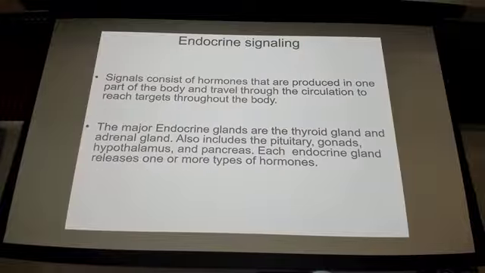Endocrine signaling is achieved by hormones. Hormones are made in one portion of the body and they're transported to another portion of the body. There are several endocrine glands. I'm sure you guys have talked about many of them in A&P. They include the thyroid, adrenal gland, pituitary, and hypothalamus, for example.